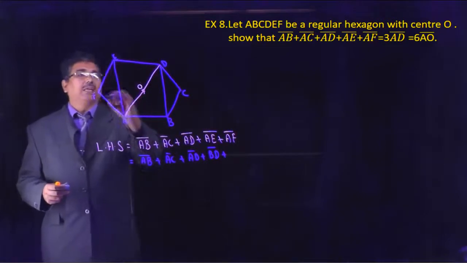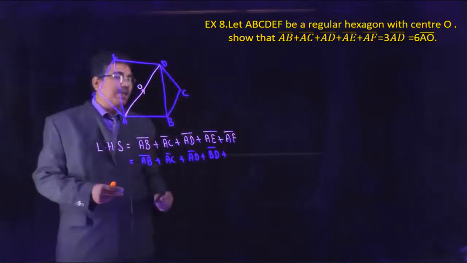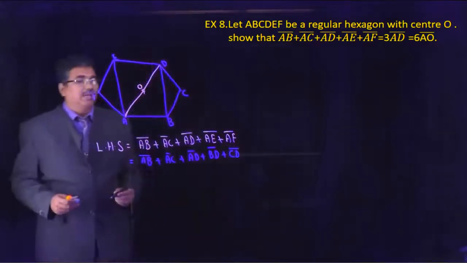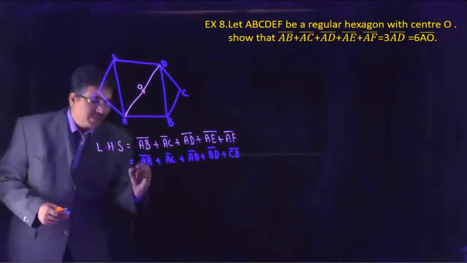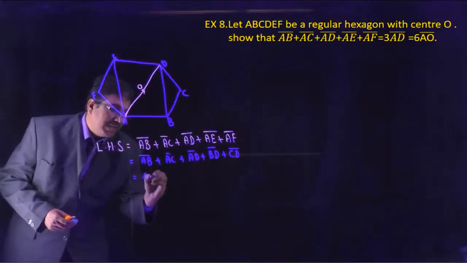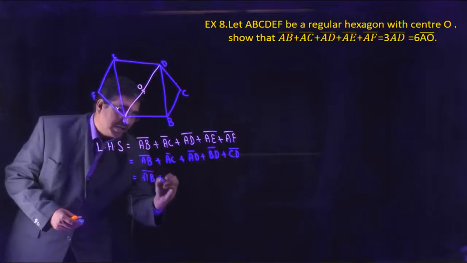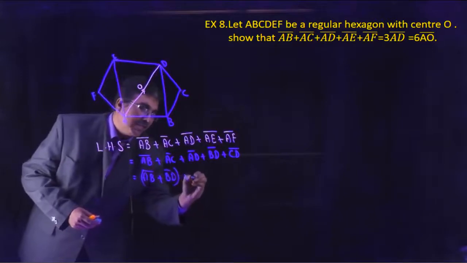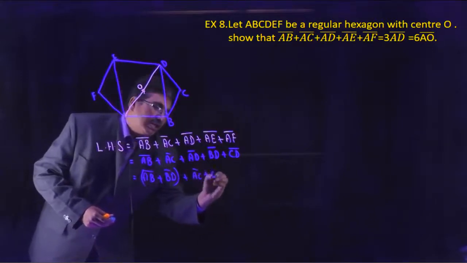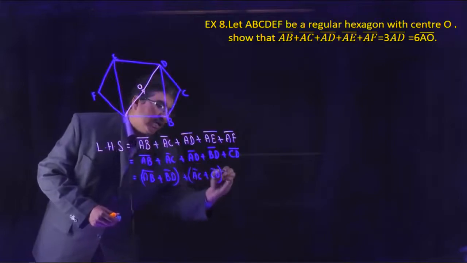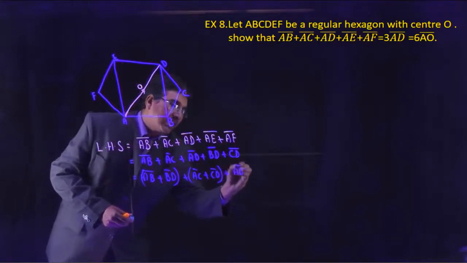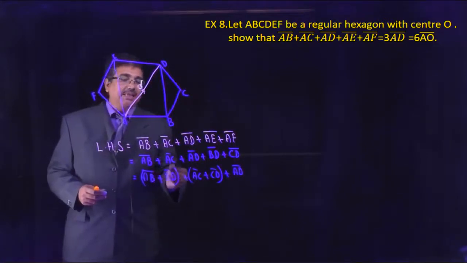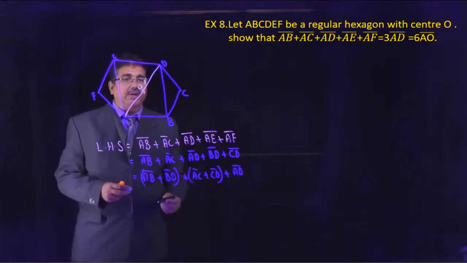That is equal to AB bar plus BD bar plus AC bar plus CD bar plus AD bar, because the terminal point of this vector is equal to the initial point of this vector.